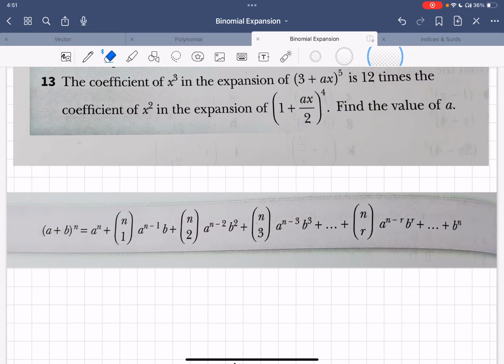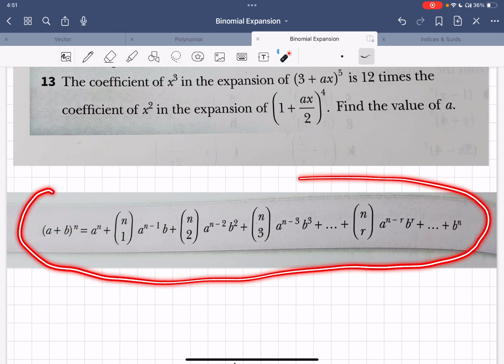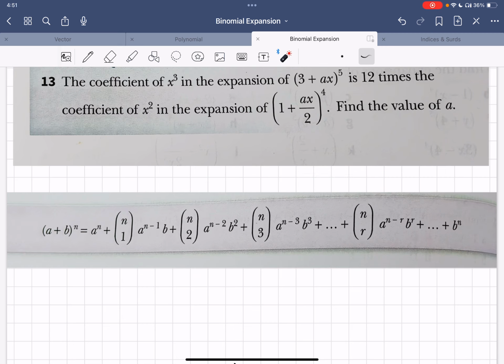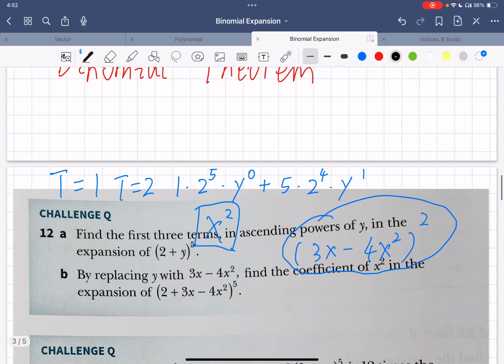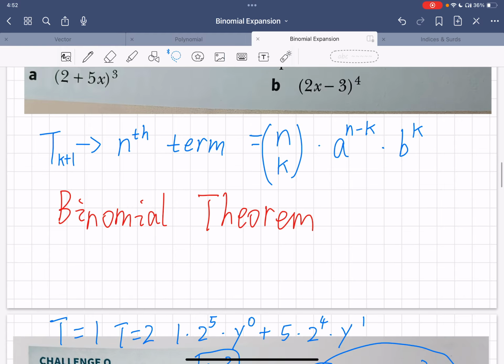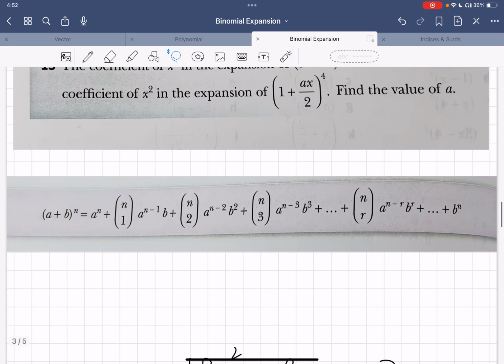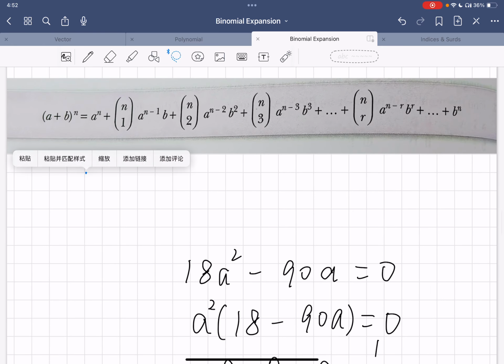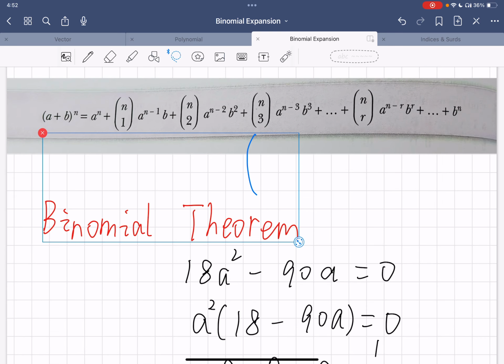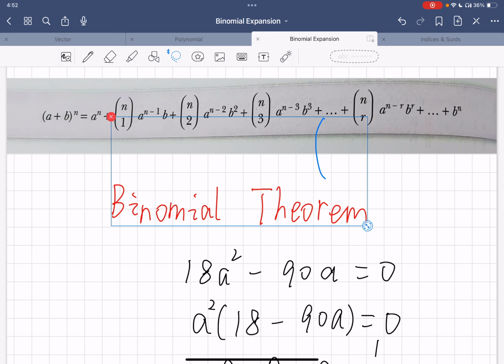Okay, now here is the conclusion. You can take a note by taking a screenshot. This is what I just called the binomial expansion.